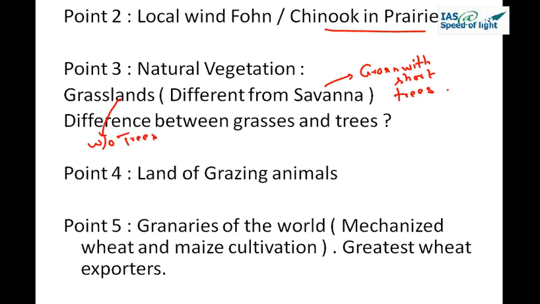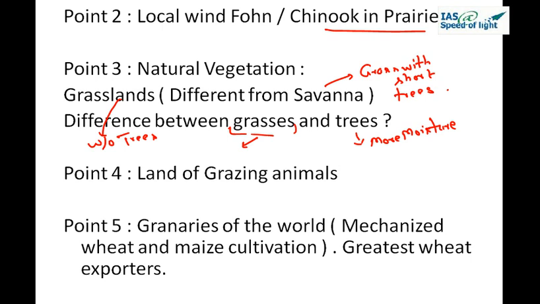They have different heights of grass, but they are practically treeless. We can logically say trees require more moisture for growth, but for grasses this is not the condition. Grasses can sustain some droughts as well, so that is why they are more prominent in these regions where the precipitation is not so high.